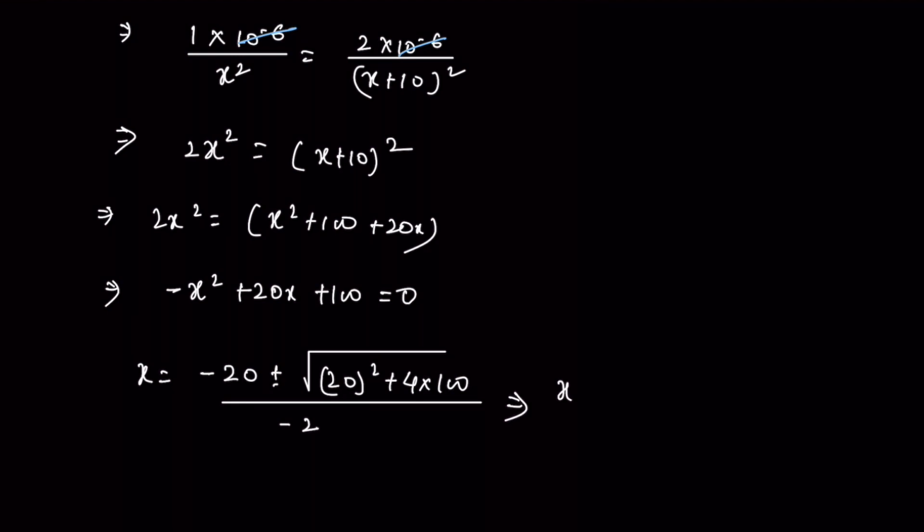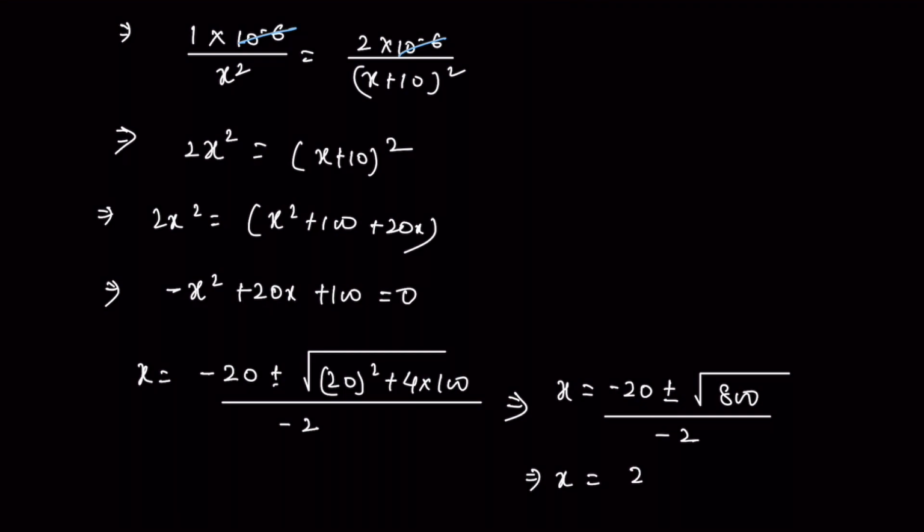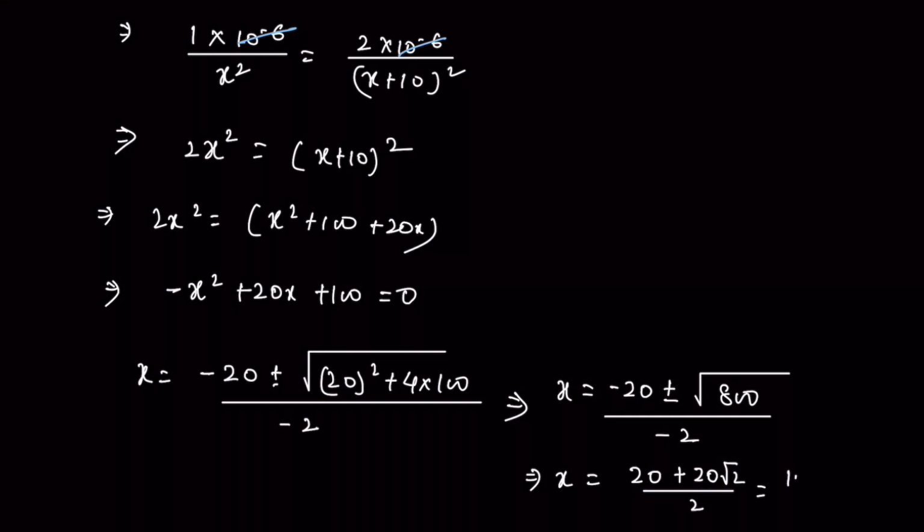So from that we will get minus 20 plus minus root of 800 divided by minus 2. So x we will consider as 20 plus 20 root 2 by 2, which is equal to 10 plus 10 root 2. It will come as 24.1 centimeter.